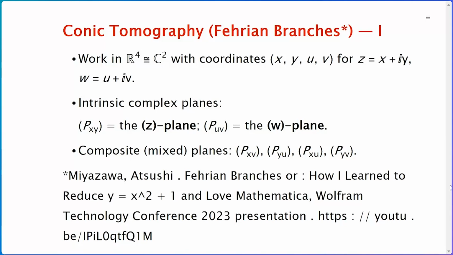This is the usual convention for complex analysis. Keep two intrinsic complex planes: the XY plane, the Z plane, the normal Gaussian plane of z, and then the UV plane, the W plane, the image plane, its mapping.